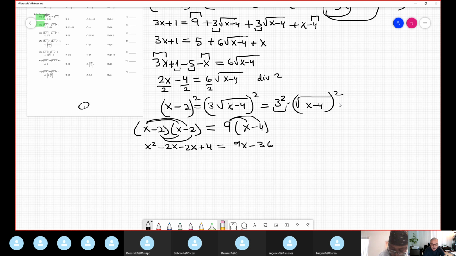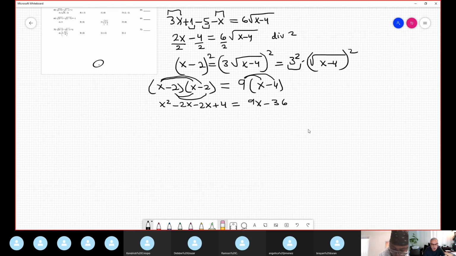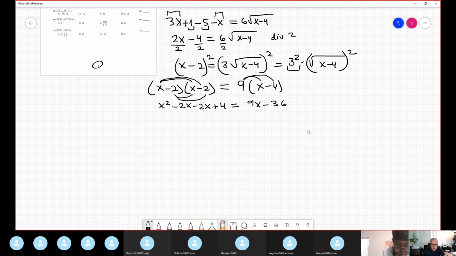Okay, this looks like a quadratic equation. How do you know? Because you see here the term contains x squared. Therefore, I put it in standard form. Maybe I solve it by the quadratic formula or by factorization, depending on the numbers.